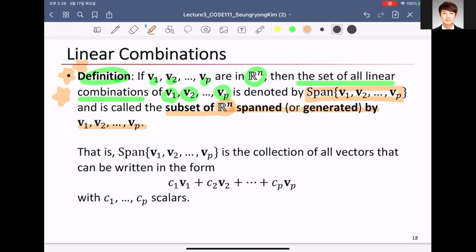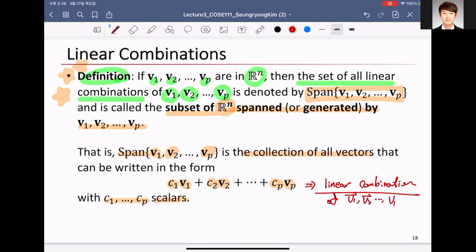In other words, span of v1, v2, and vp is the collection of all vectors that can be written in a form c1 v1 plus c2 v2 plus cp vp with the c1, cp scalars. What is that? Linear combination of v1, v2, vp with weights c1, c2, cp, right?